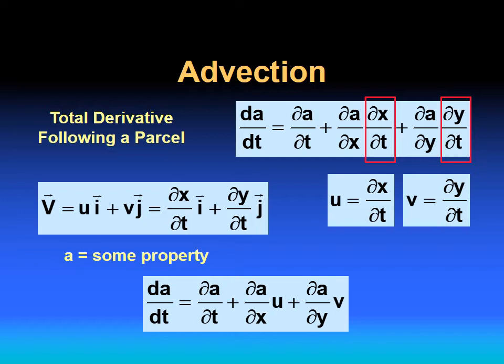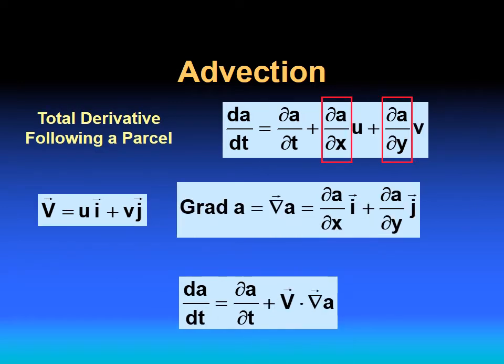So our Lagrangian reference frame, our total change, our total derivative following a parcel, dA/dt, is your local, and that's the small ∂A/∂t, plus this motion, u and v, but they're multiplied by the change in some property A in the x direction and some property A in the y direction.